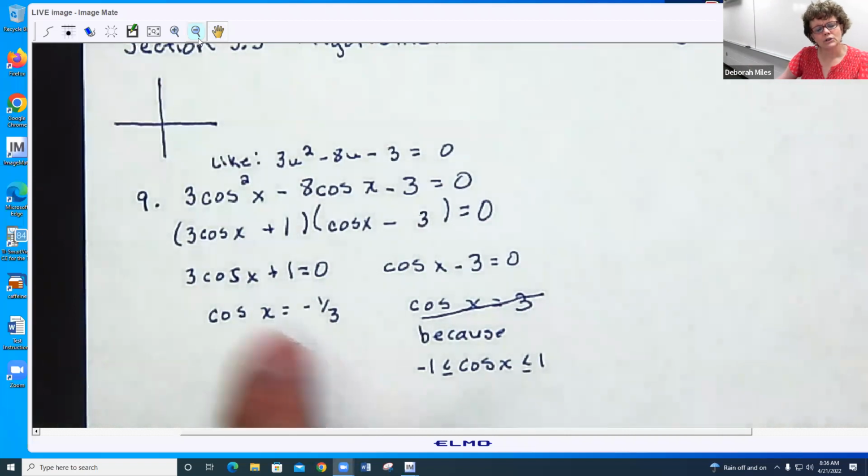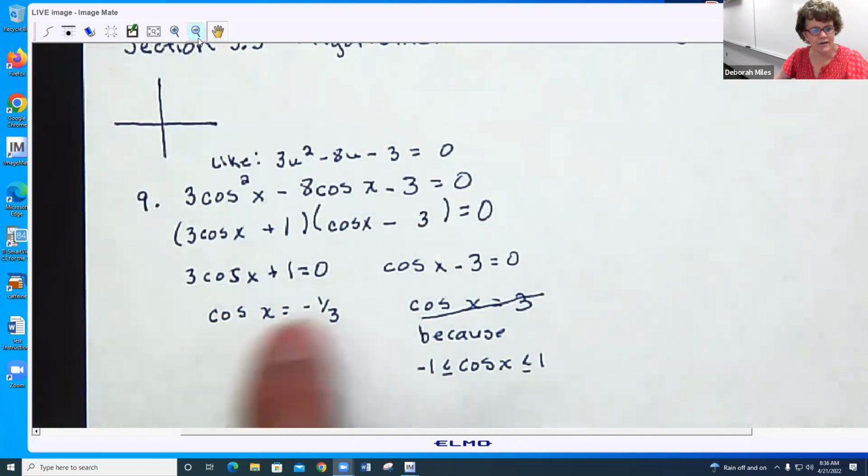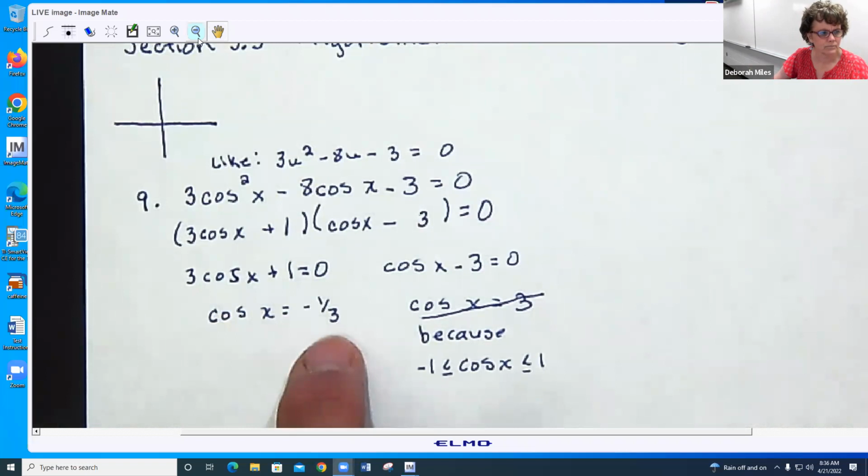Can you squint hard and tell me any of the angles we have memorized on the unit circle that have a cosine of -1/3? No, that's not an x value of any of the ordered pairs we have memorized.